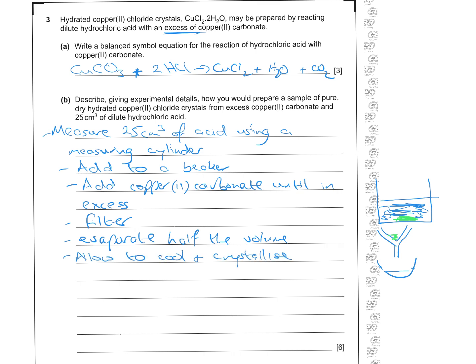Let's look at what the question is asking us to do. How do you prepare a pure, dry sample? Now these crystals have to be dried off. You can simply filter off those crystals, because there might be a bit of liquid remaining, and then dry between pieces of filter paper. Don't say paper towels, because bits of the paper towel can come off onto the crystal, and it has to be more than one piece.